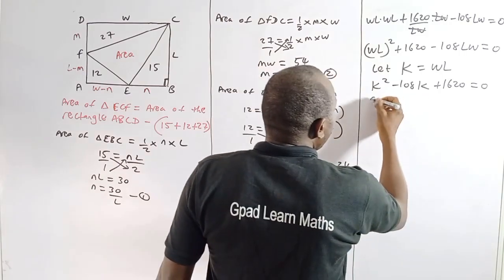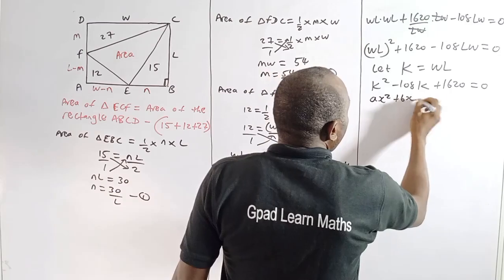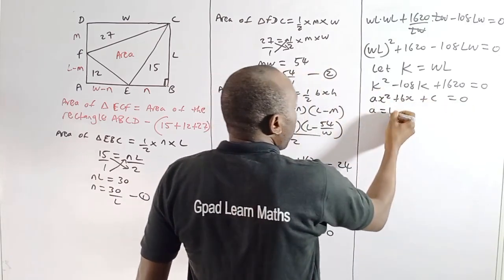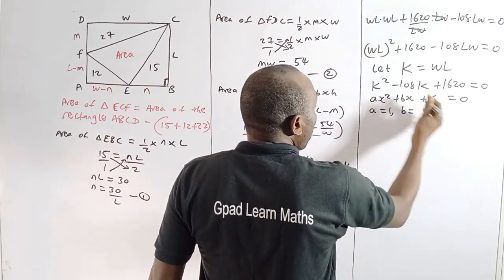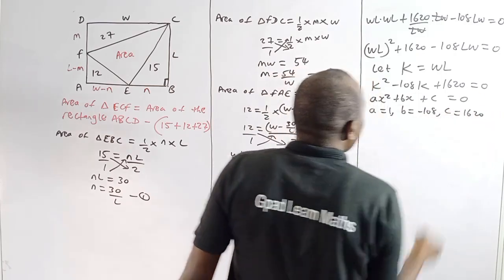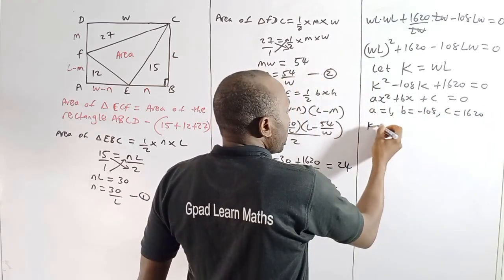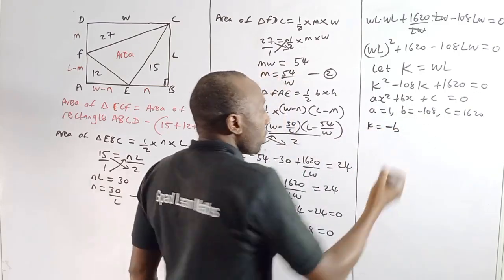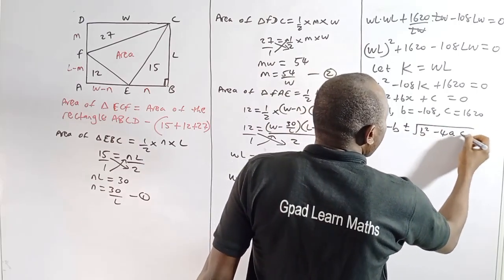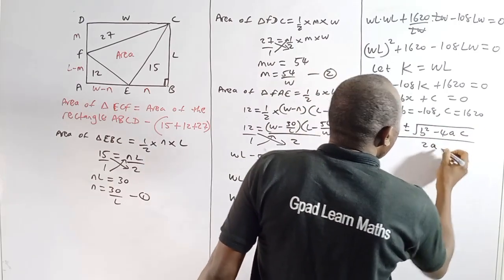Now, if you compare this with AX squared plus BX plus C is equal to 0, A is equal to the coefficient of the leading term, that's 1. B is what? Negative 108. And C is what? 1620. So what's the formula again? K is equal to minus B plus or minus the square root of what? B squared minus 4AC all divided by what? 2A.